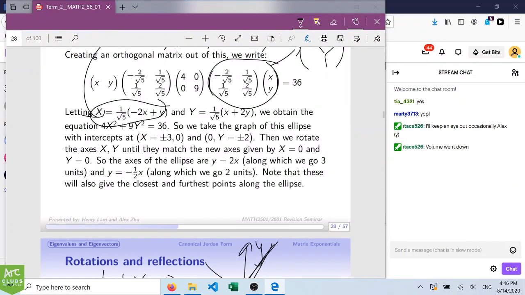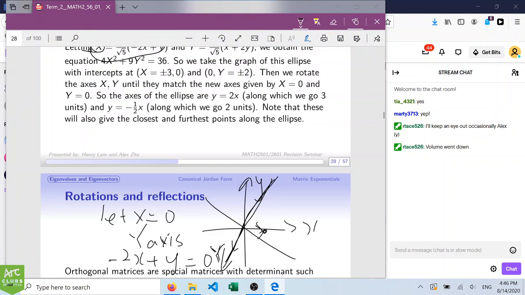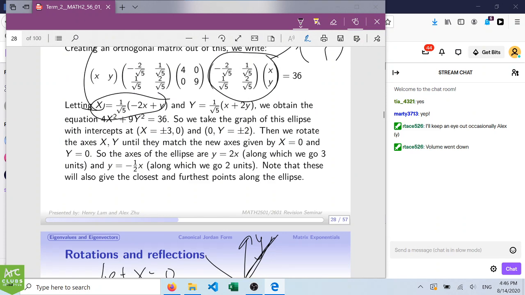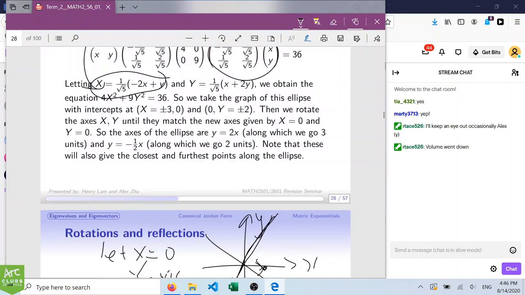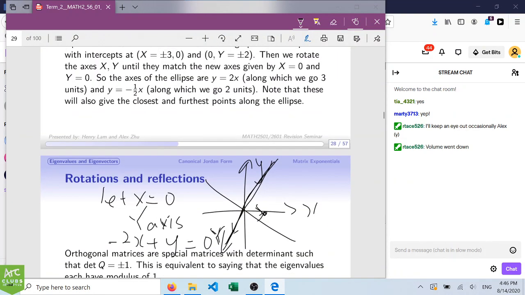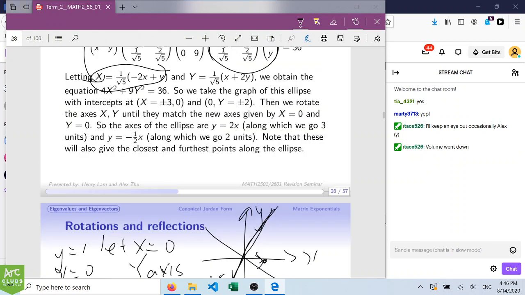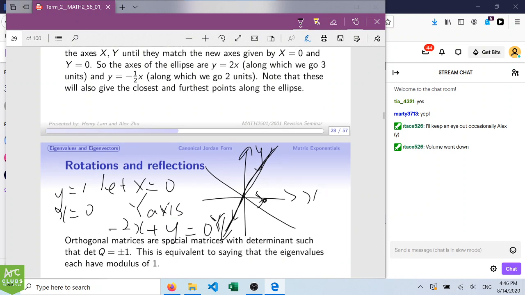So if little y is 1 and little x is 0, that's going to give me the positive direction. So little y is 1, little x is 0, and we'll end up with a 2 on root 5 and then a positive 1 on root 5.